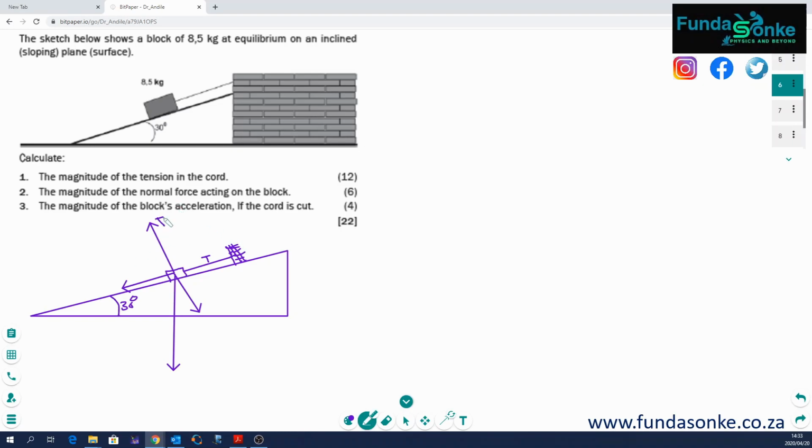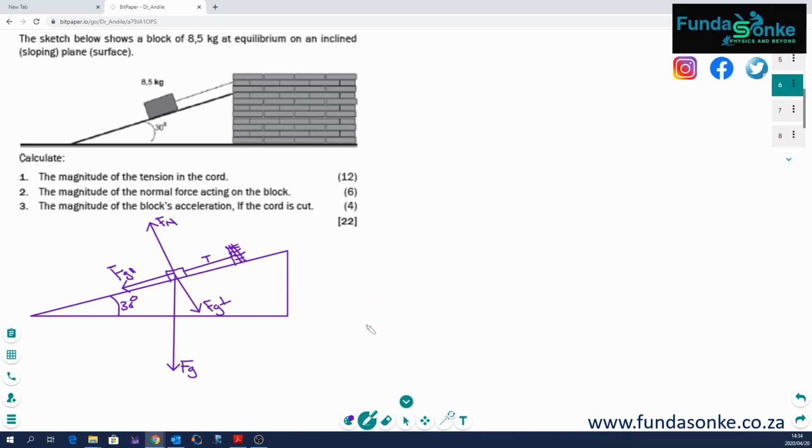So this is Fn. This will be our Fg perpendicular, right? This is just our Fg, and then this will be our Fg parallel.